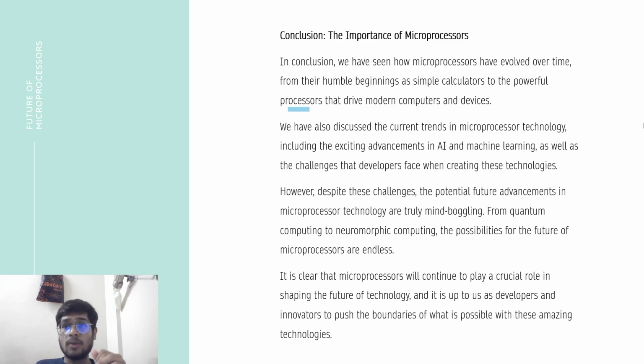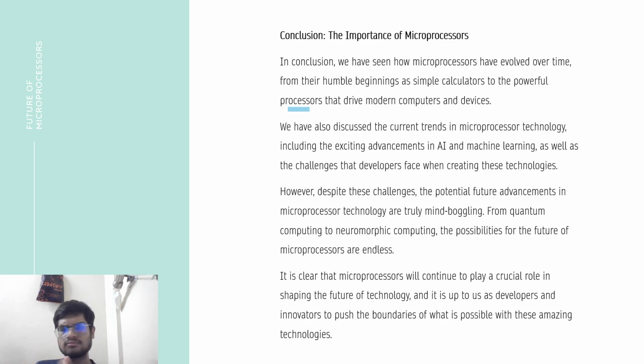We have seen how microprocessors have evolved over time, from their humble beginnings as simple calculators to the powerful processors that drive modern computers and devices. We also discussed the current trends in microprocessor technology, including exciting advancements in AI and ML, as well as the challenges that developers face when creating these technologies. However, despite these challenges, the potential future advancements in microprocessor technology are truly mind-blowing. From quantum computing to neuromorphic computing, the possibilities for the future of microprocessors are endless.